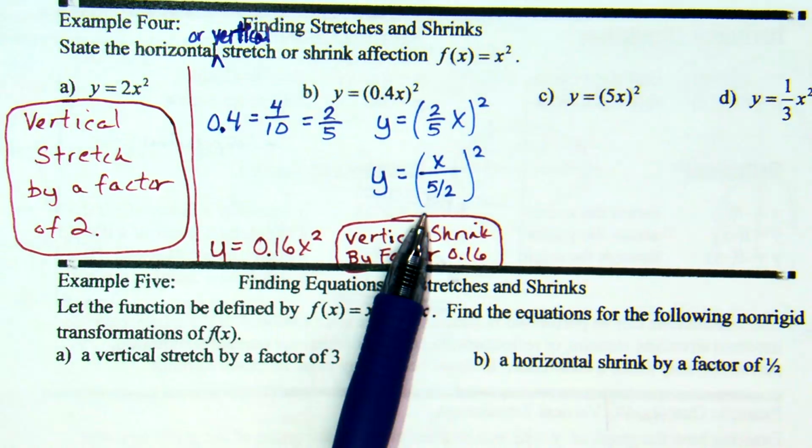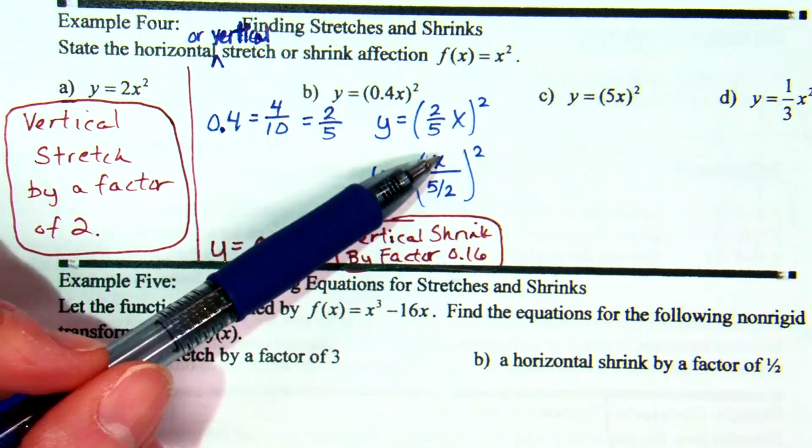Well, maybe it does appear fancy, but it's an equivalent statement. It's not pretty, but based on this, now we're in the form to talk about horizontal, because this is x divided by 5/2, or x divided by c.